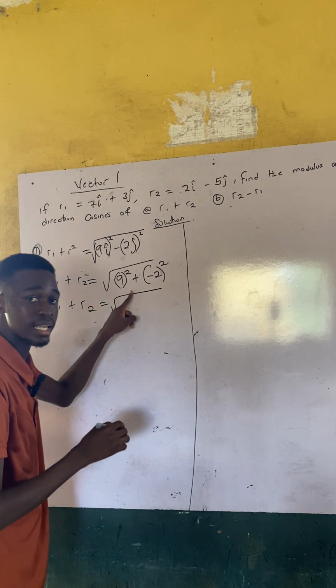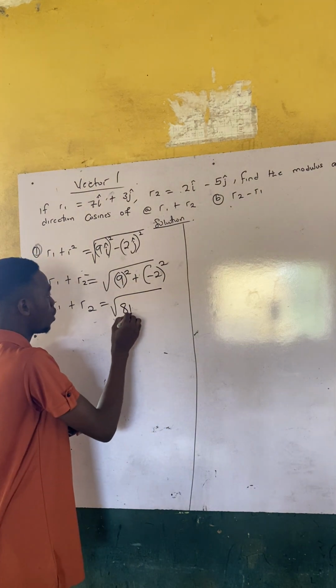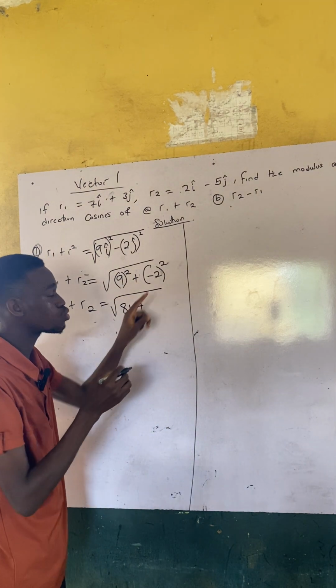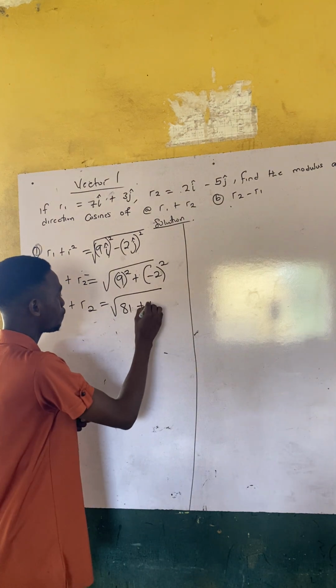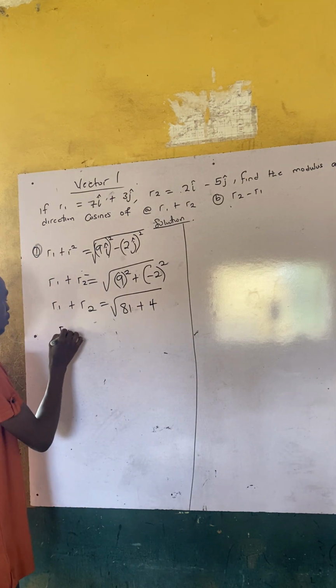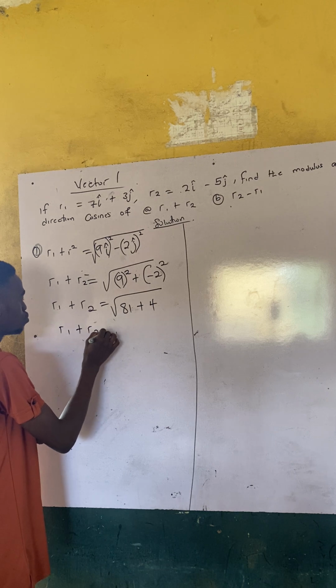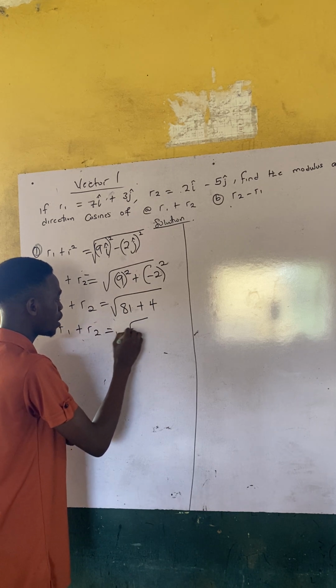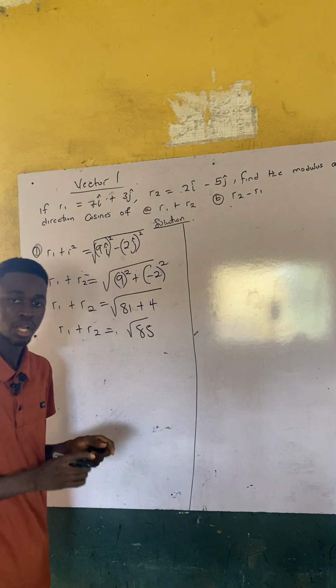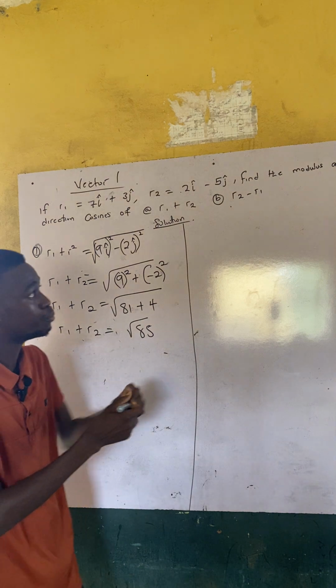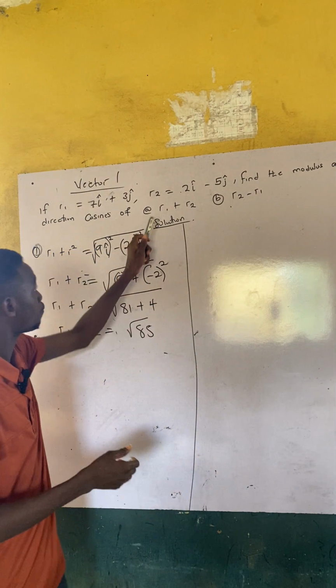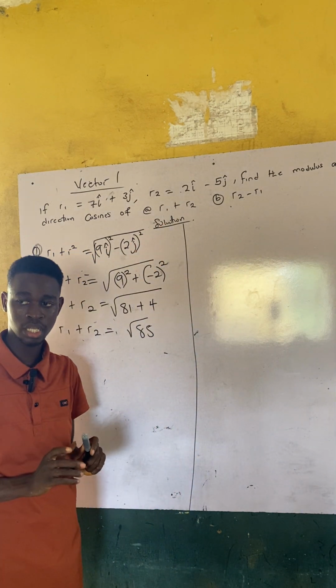Square root of 9 times 9 gives us 81, plus minus 2 times minus 2 gives us 4. So resultant 1 plus resultant 2 equals the square root of 85. So we have already gotten the modulus for resultant 1 plus resultant 2.